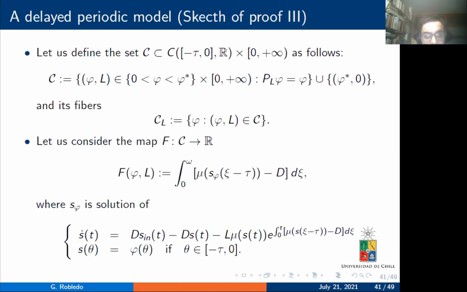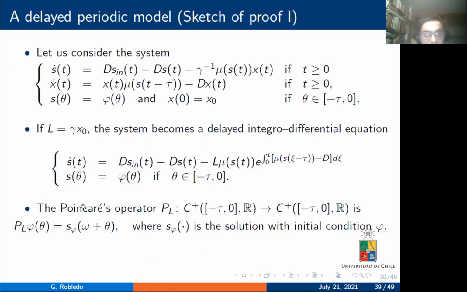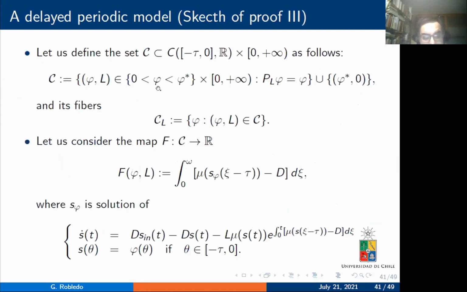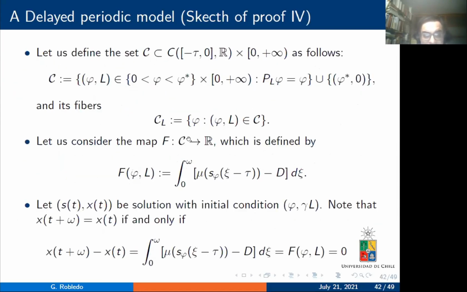Now, it will be important to see this equation. So we can see that if X is a solution with this initial condition, X evaluated at t plus omega minus X(t) is equal to this integral, which is equal to this function.